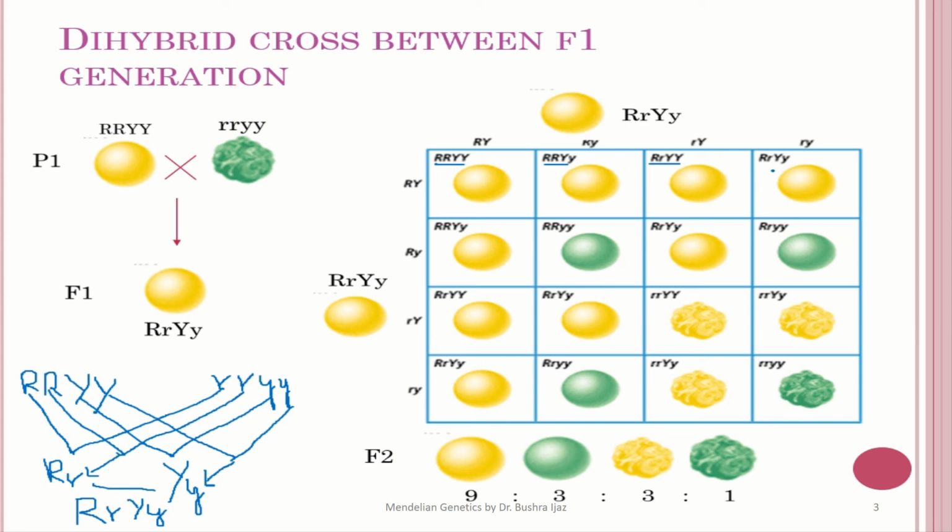Again, this is heterozygous round and yellow. Keep it in mind. This is heterozygous round and yellow. This one, this one, this one, and this one. All these are heterozygous round and yellow. We have to count more heterozygous round and yellow. These are the four. Okay, so heterozygous round and yellow.